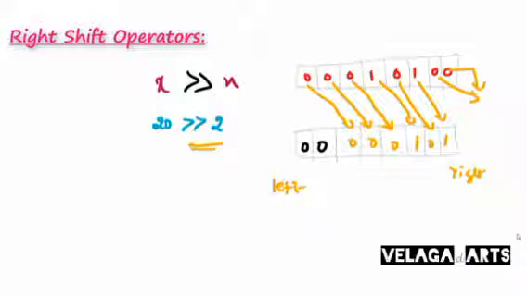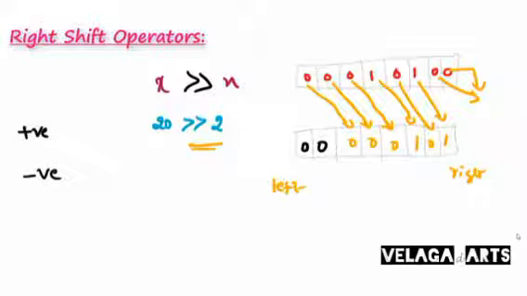In most cases, when we apply bitwise right shift operators on signed values, for a positive value it will add 0 in the left side, for a negative value it will add 1. The empty places for the signed values, if the value is positive, will be filled with 0. If the value is negative, the empty places will be filled with 1s. So I'll show you the example.